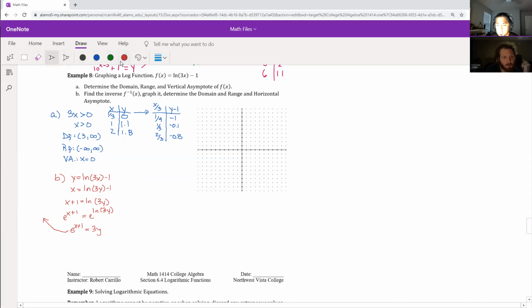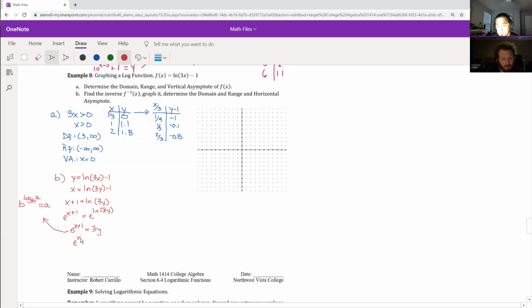If you do base b raised to log base b of a, this is equal to just a. That's what we're relying on to go from e to the log base e, because the natural log is just log base e. E to the log base e of 3y gives us back just 3y. All right, so then we're going to divide everything by 3.